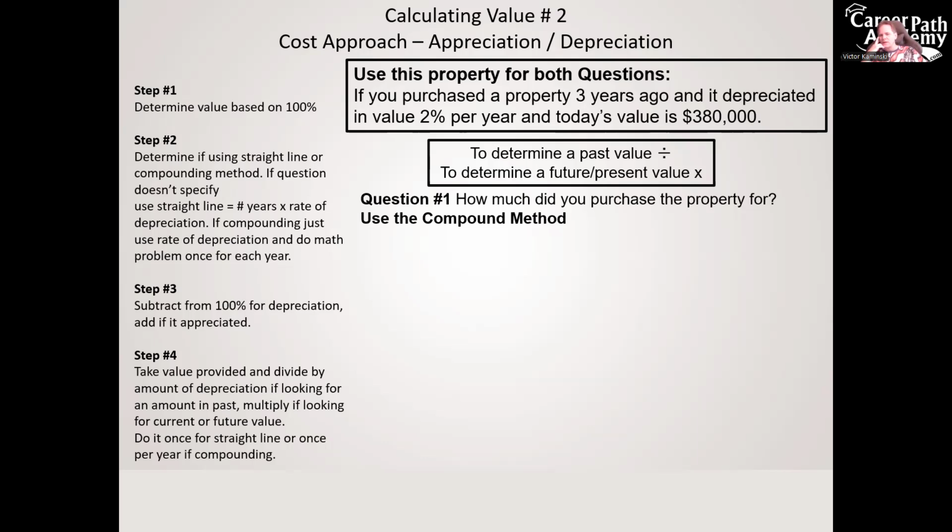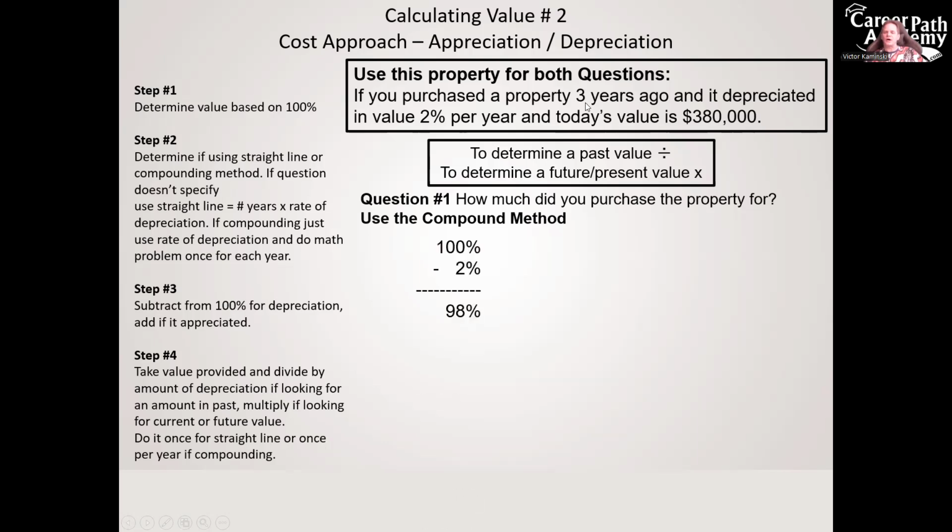Subtracting. And how much are you subtracting from 100%? 6%. Whoa. That's using the straight line method. Remember, compounding method, you do not take that shortcut of multiplying the rate of depreciation times the number of years. You do the math problem 3 times, once for each year.